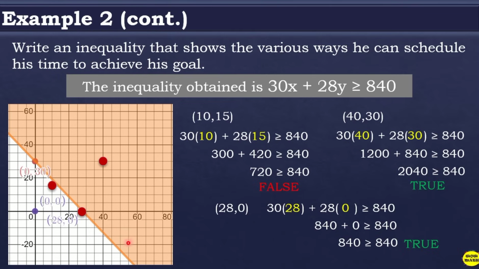So, this proves na lahat ng points dito sa ating boundary line ay solutions. Why? Kasi ang line natin ay solid. Okay? Dahil meron tayong equal sign dito. Okay. So, therefore, pwede siya mag-work ng 28 hours dun sa first job niya kahit di na siya mag-work dito sa second job. Okay, makukuha niya yung goal niya na 840 pesos per week.